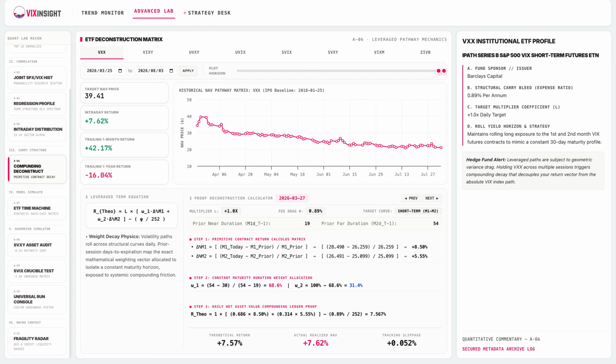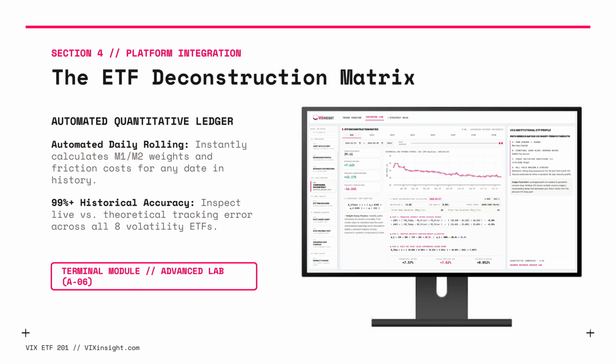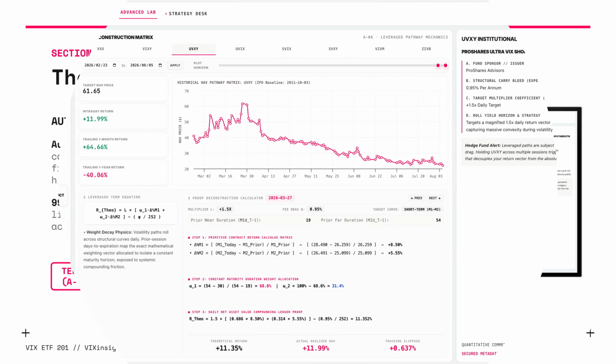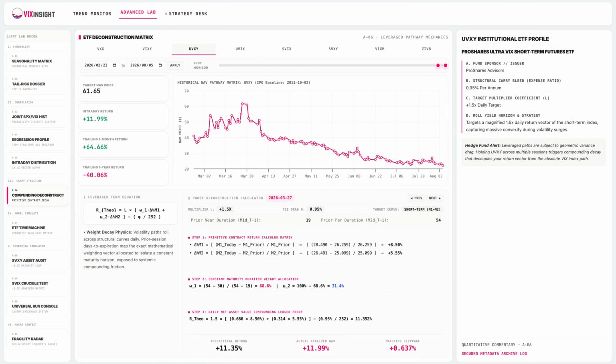And here is the beauty of this framework. Once you have calculated this daily 1 SVX base move, you can easily figure out the theoretical move for any near-term VIX ETF simply by multiplying it by its official leverage coefficient. For instance, to get UVXY's return, you multiply the base move by 1.5.